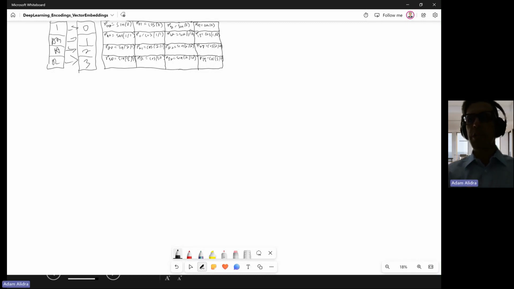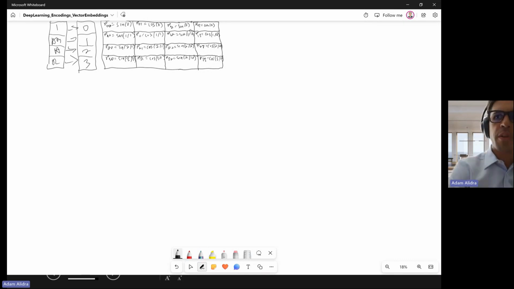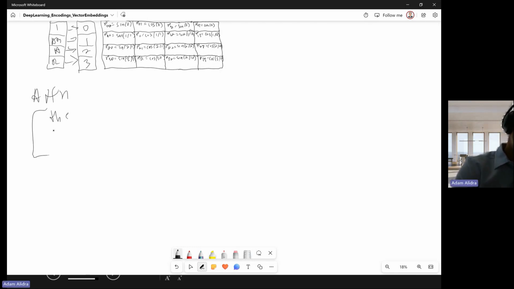Okay, so the first thing I want to do is simply illustrate how the attention mechanism works. Attention. Let's say you have the red house. Red house. And we assign some values to that. 0.06, 0.32.